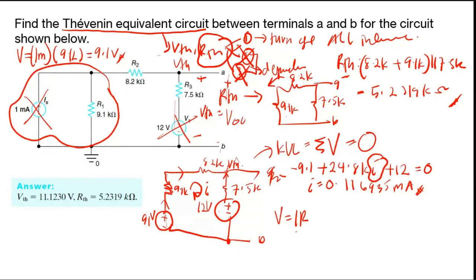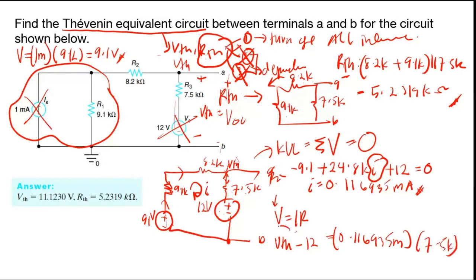You know that the VTH here has this 12, so the voltage across the resistor is actually VTH minus 12. So VTH minus 12 equals I, which is 0.116935 milli, times your resistor, which is 7.5K.